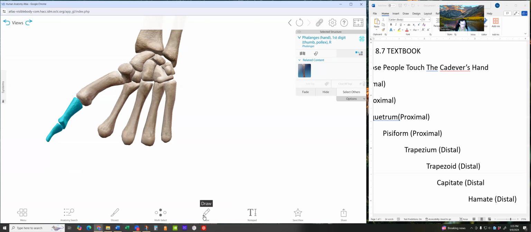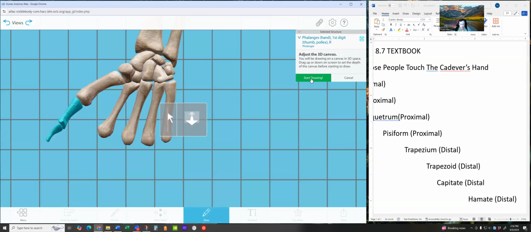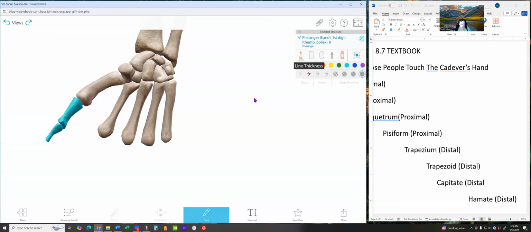Now, a question I might ask right now, I would not ask it on the exam because I will only ask you to identify anatomy on the exam. But right now, I might ask you, of the two bones that are currently highlighted in your software, A or B, which is the proximal phalange?